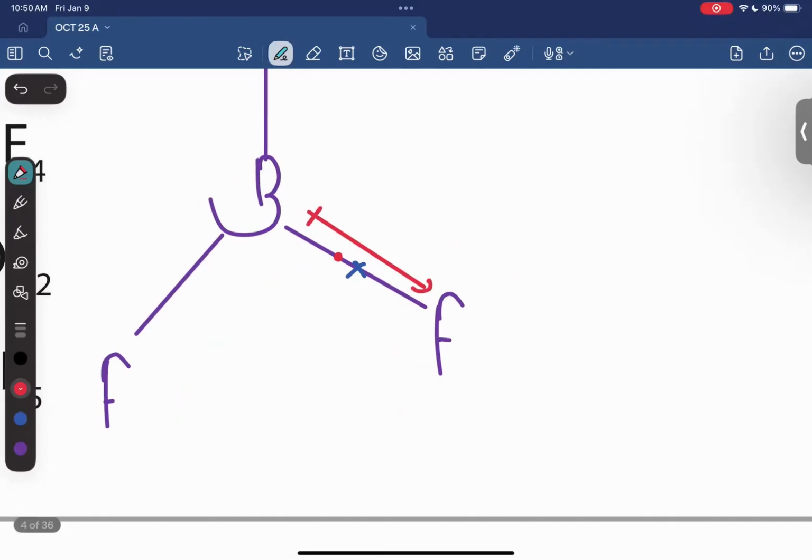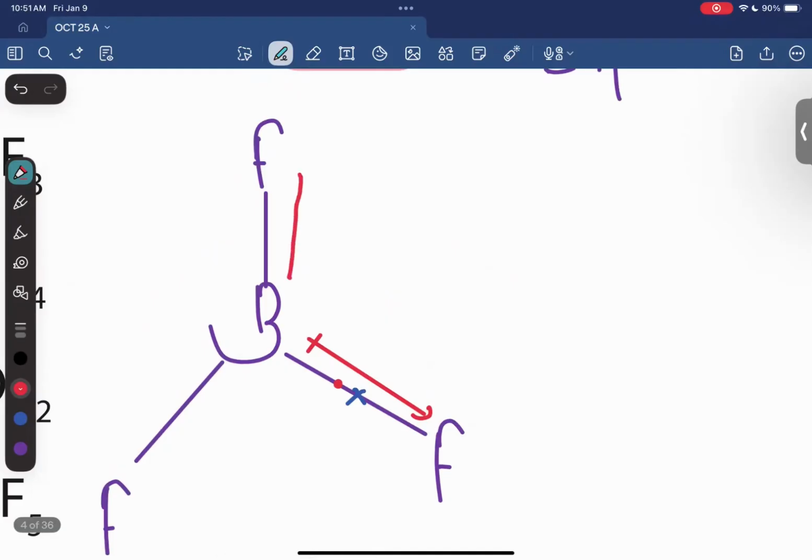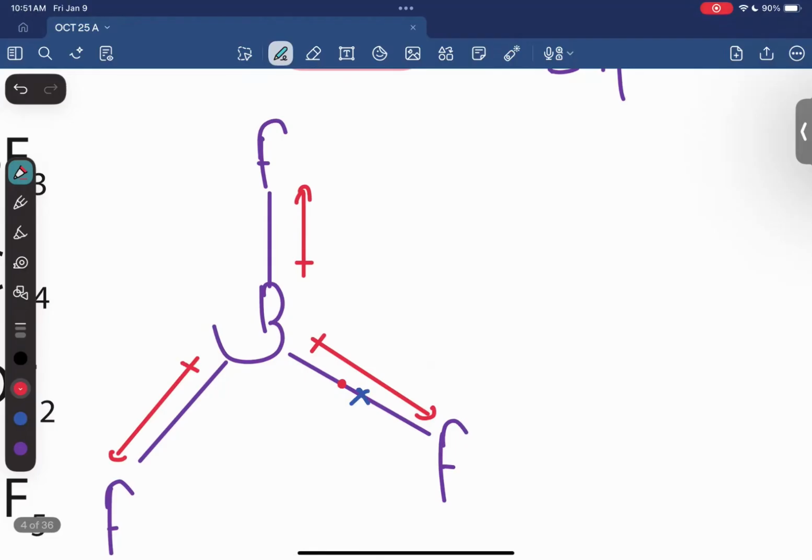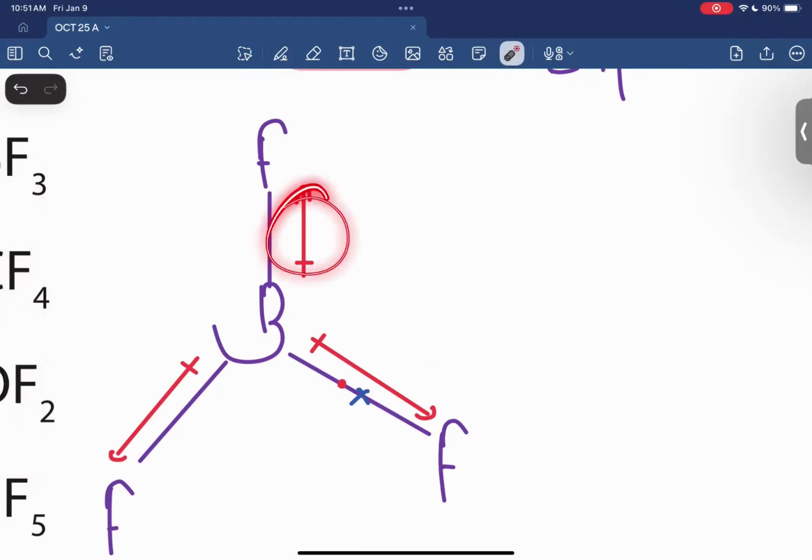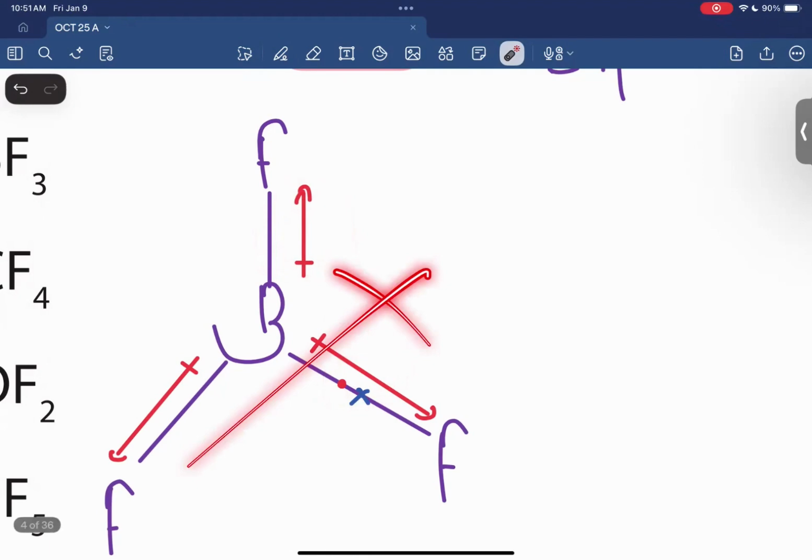Now you draw the dipole moment for all of these. See, these dipole moments are canceling one another out, and hence this isn't a polar molecule.